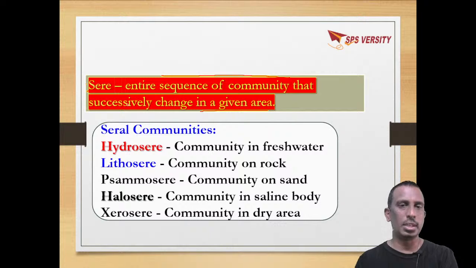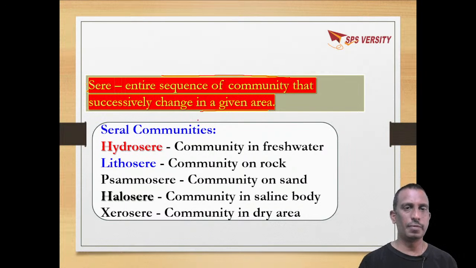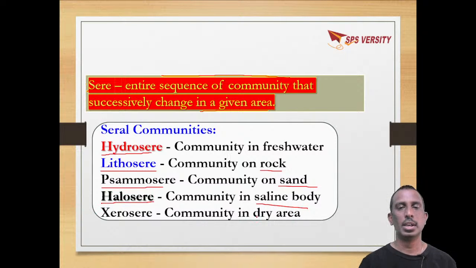And in this sere, if it is in fresh water, that is called hydrosere. If it is on rock, it is called lithosere. If it is on sand, it is called psammosere. If it is on saline bodies, it is halosere. If it is on a dry area where water availability is very less, it is called xerosere.